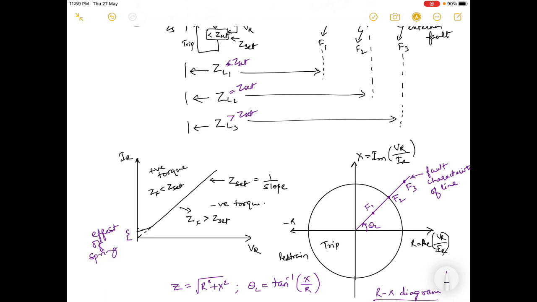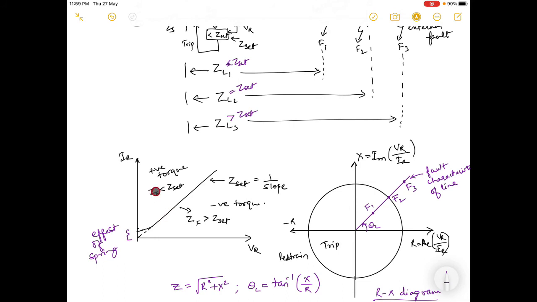So it has to overcome the spring. See, a small amount of current has to be there to overcome the spring, then only your torque will be positive, it will have a positive force, correct? Because of that reason, zero current is not sufficient. So this is the curve. So this is the slope.